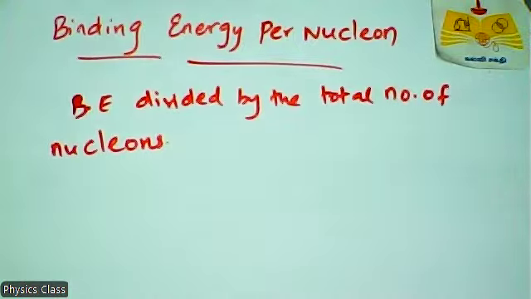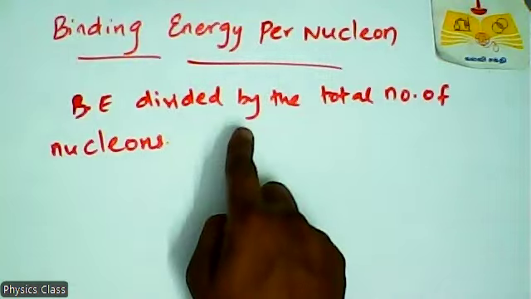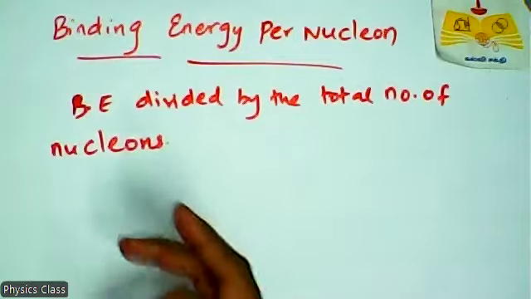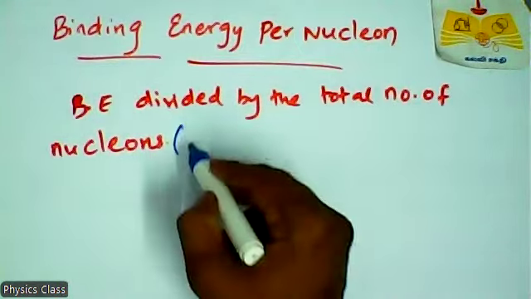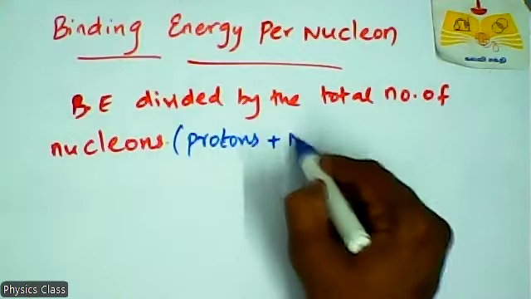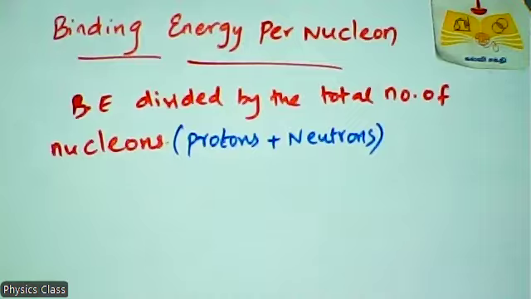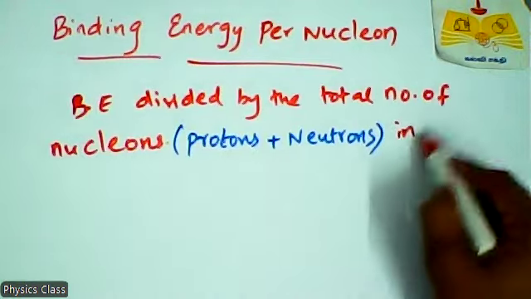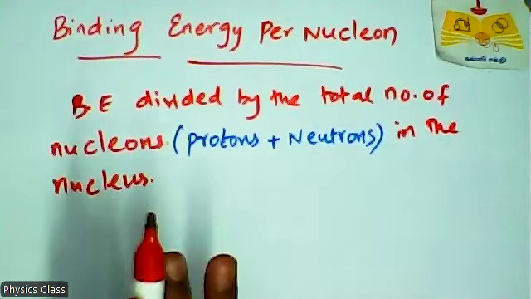Per means divided. What do you mean by nucleons? Already you know that nucleons are the combination of protons and neutrons. Protons plus neutrons are called nucleons. So divided by the total number of nucleons in that nucleus. Clear?